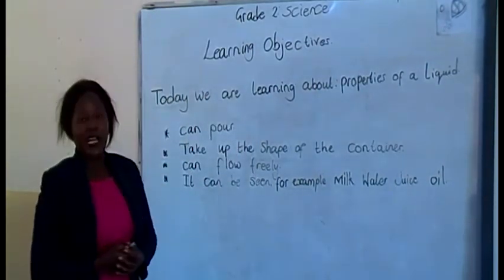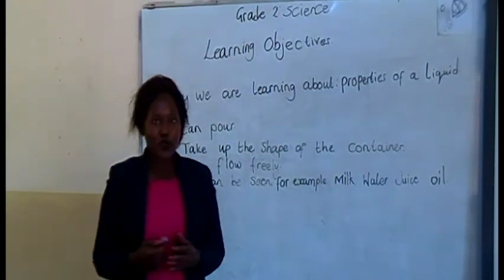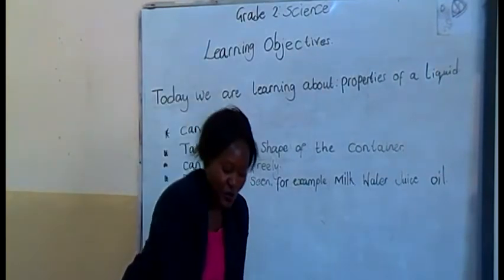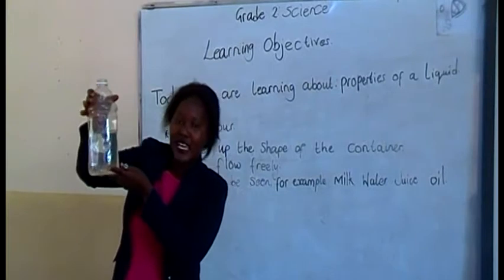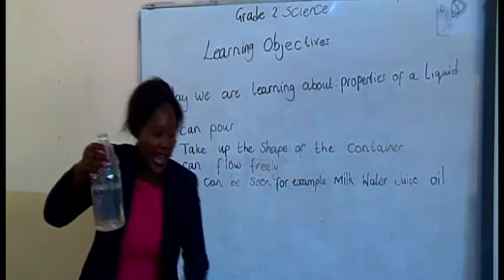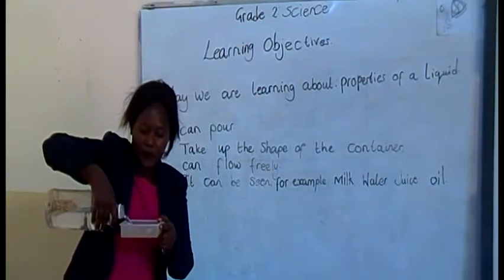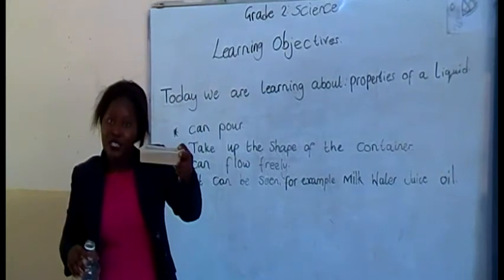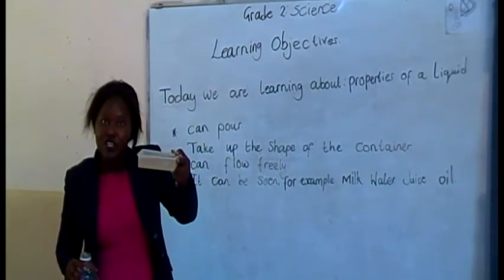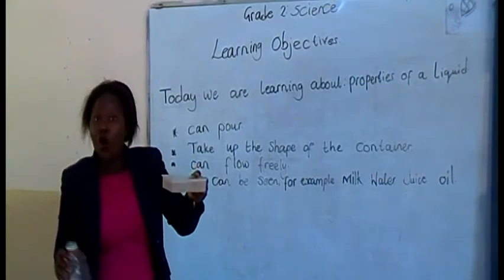Then to our next point, a liquid can take up the shape of the container. I'm sure you are able to see. If I get this water from this long bottle, the water has taken up the shape of this container. And if I want to pour this water in this lunchbox, the water is going to take up the shape of this lunchbox. So we can understand that water takes the shape of a container, and so does any other liquid.